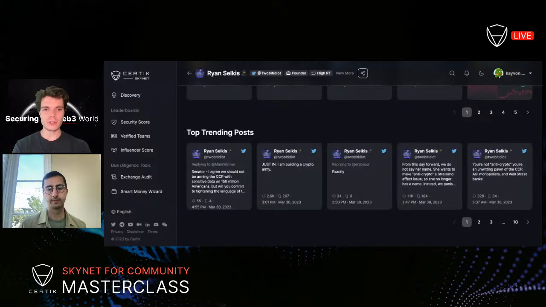But this is a great visual way to really put it all together, understand who's related to who, who's investing in what, who's talking about what, and just really understand things on a deeper level. Definitely. Yeah, it's a combination of security, but then general due diligence, and we really want to make that as accessible as possible to our users.